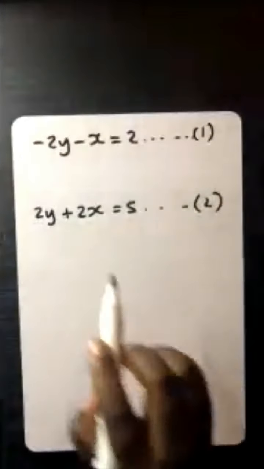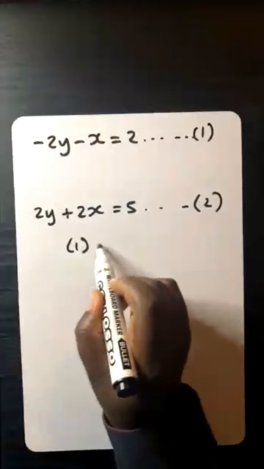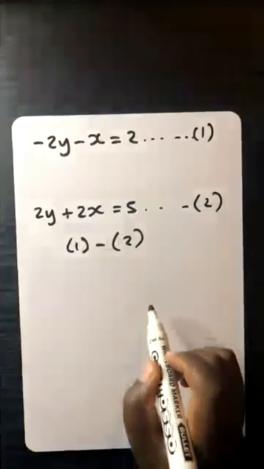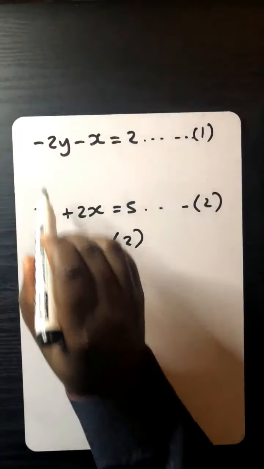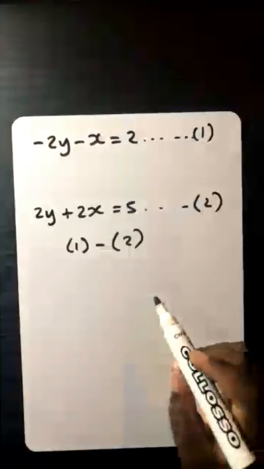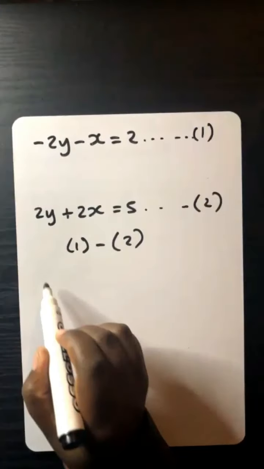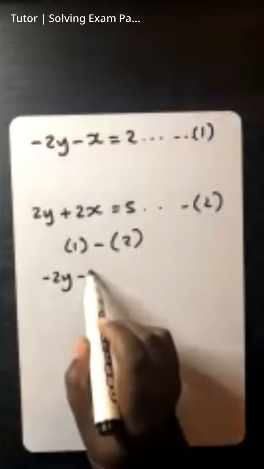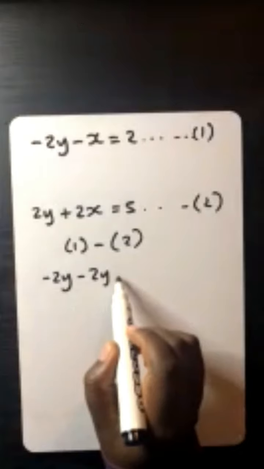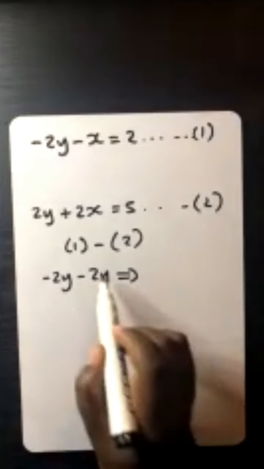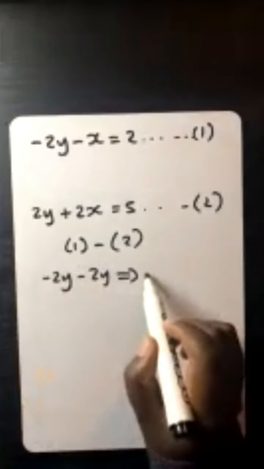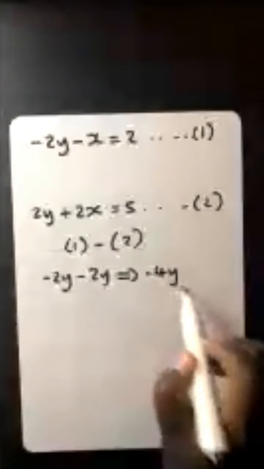Let's test it. If you say equation 1 minus equation 2, they're almost the same, so let's check equation 1. It's more like you're saying minus 2y, and you subtract equation 2, which is 2y. So can you see, you did not eliminate that because you have negative 4y.